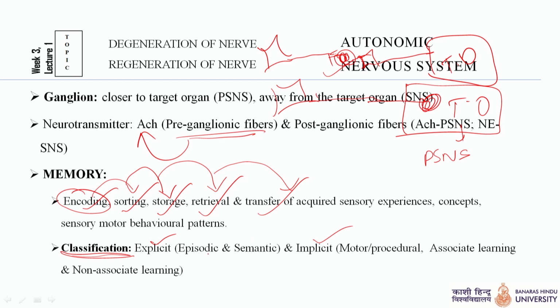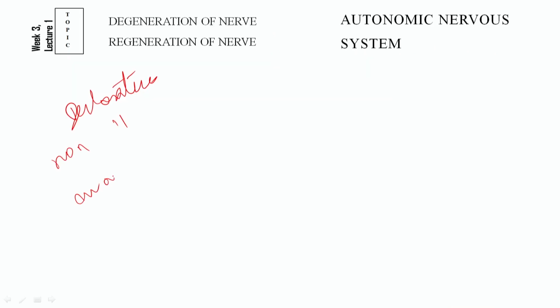Episodic memory is totally related with events and personal experiences, whereas semantic memory is totally related with facts. This explicit memory is based on the availability of consciousness. Remember, this is very, very important.